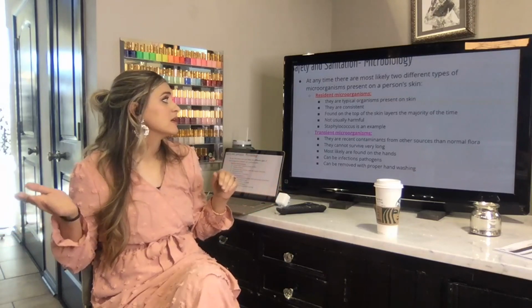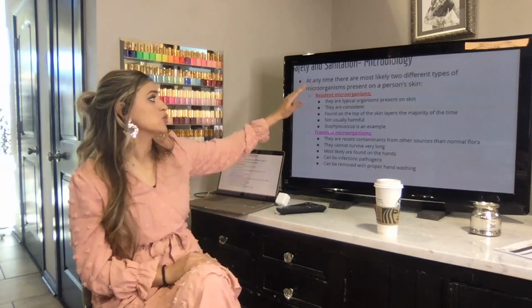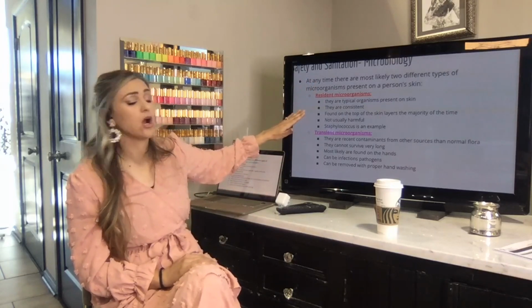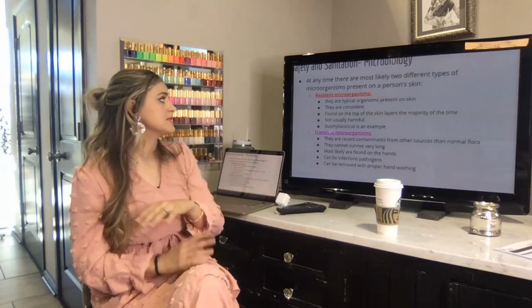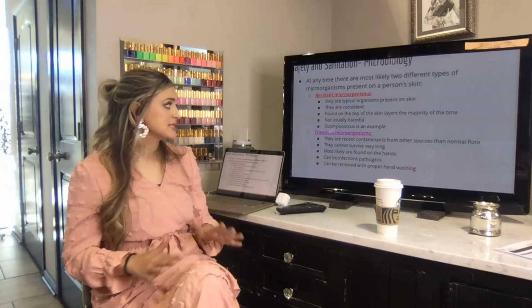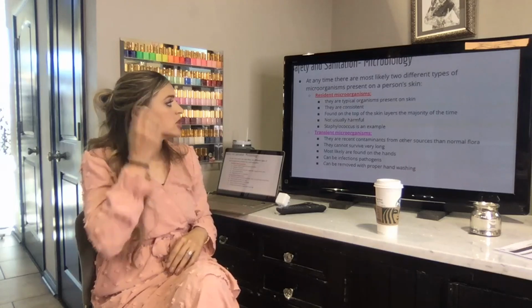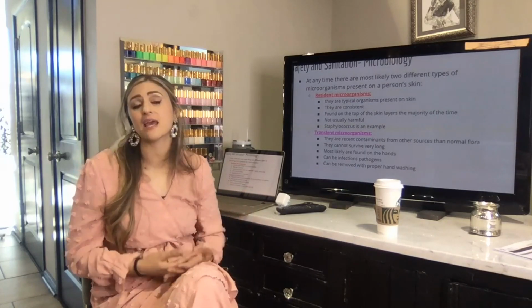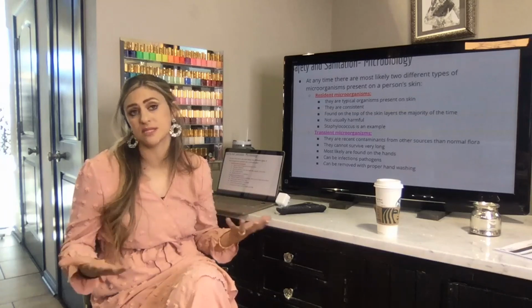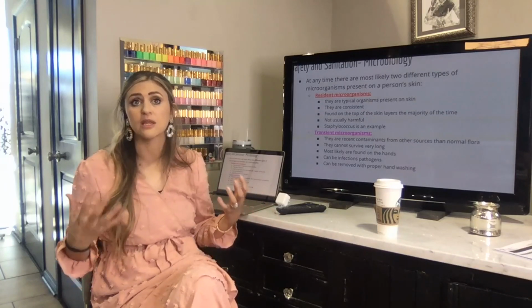It has, all the time, resident microorganisms that are on our bodies. These are typical organisms that we always have. They're consistent and they're found on the top layers of our skin. They're not usually harmful at all to us, but they can be harmful if the colonies themselves are not consistent, if something disturbs the consistency.